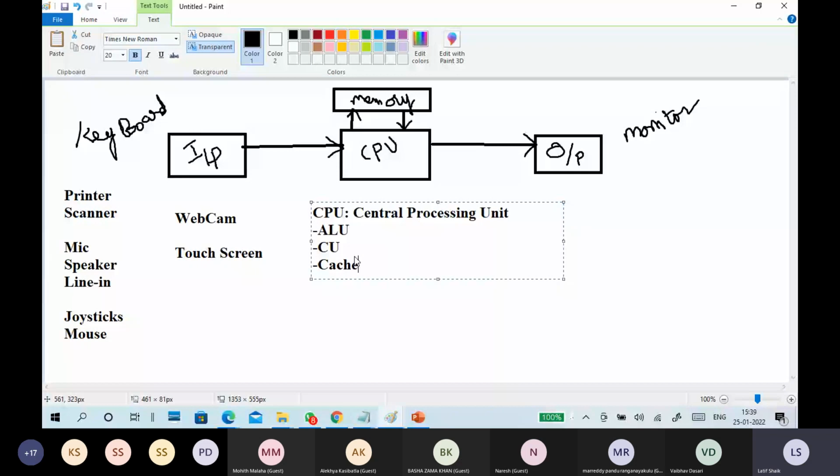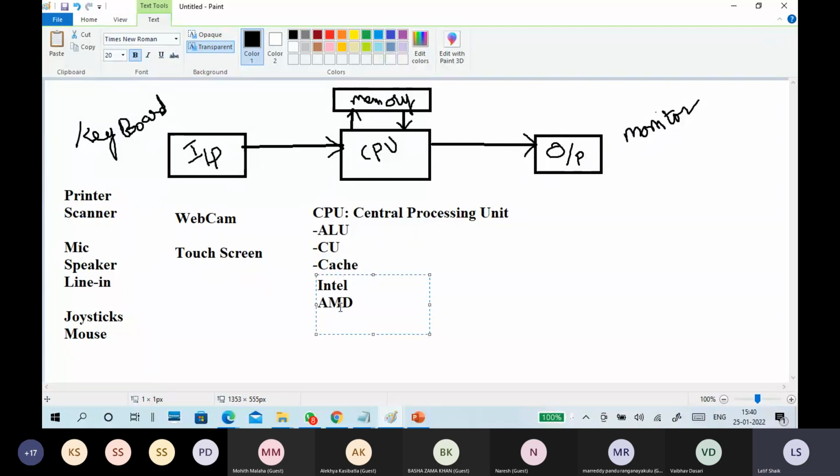But the important thing is the types of CPUs. Depending on the manufacturer, different types and models of CPUs are there. Intel and AMD are the major manufacturers in the current industry.